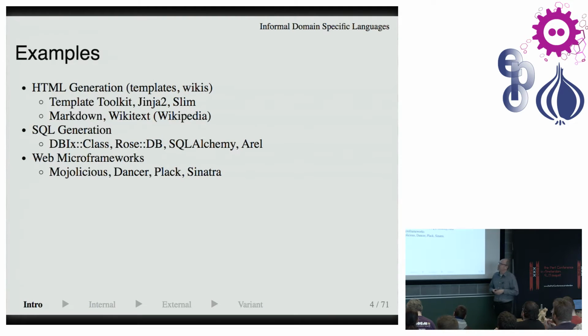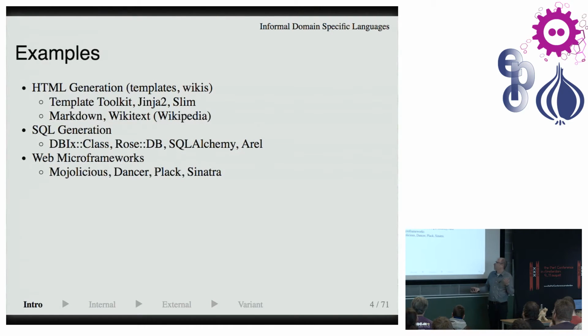A few examples: templating languages. If you look on Wikipedia, I think you'll see about 100 different templating languages these days. You've got wiki languages, markup languages. Markdown is popular, but there are a lot of different flavors. There's GitHub Markdown. There's Wikipedia's Markdown. For SQL generation, we have ORMs. There are also a lot in different languages. In Perl, there's DBIx::Class or Rose::DB.